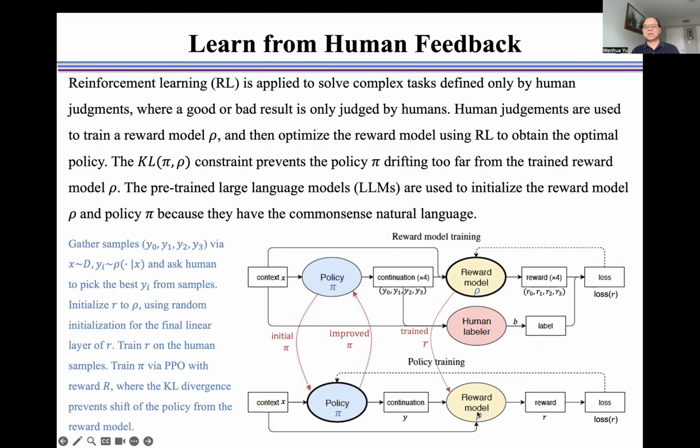The reward model is used to train the policy, and the improved policy is used to improve the reward model.